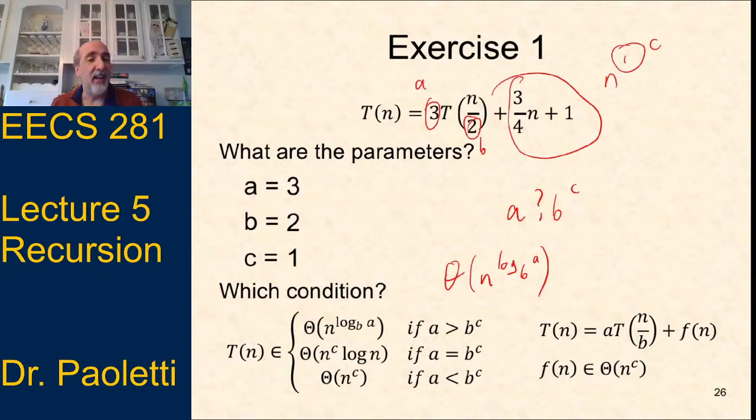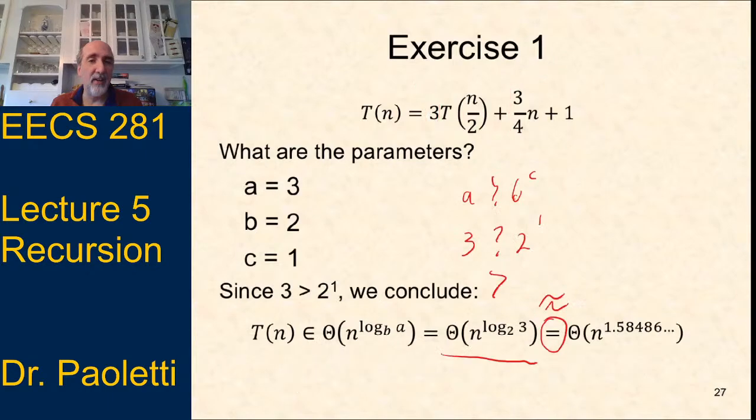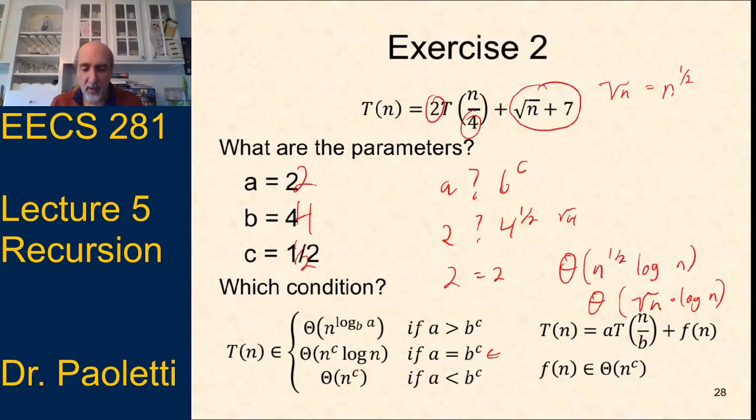Well then, if in case 1 the recursion is the bulk of the work, and in the third one the polynomial is the bulk of the work, then what's going on in case 2 here? Oops. Trying to find the slide. So in the second one, because a was equal to b to the c power, just because we don't see a and b in there doesn't mean they're not in there.